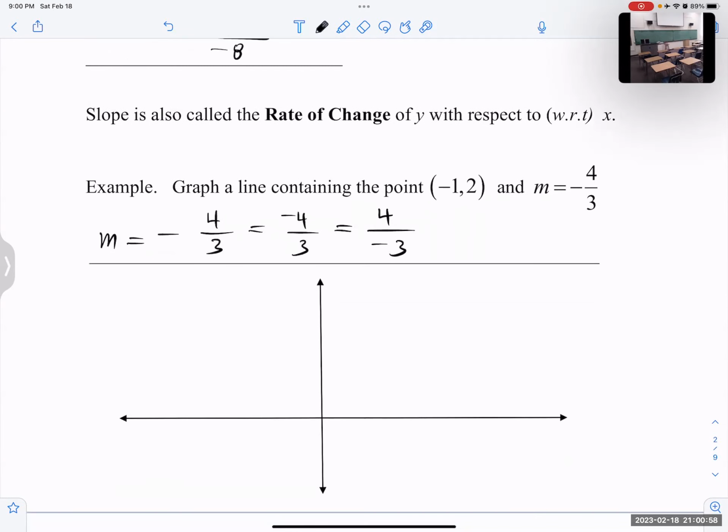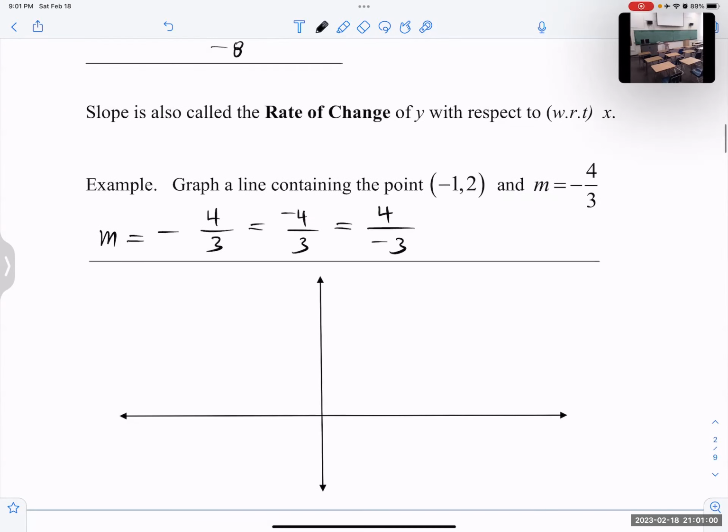Plotting the first point or the given point at -1, +2 as the starting point, we can use the ratio -4 over +3 means we're going to go vertically down 4 units and then horizontally to the right 3 units.